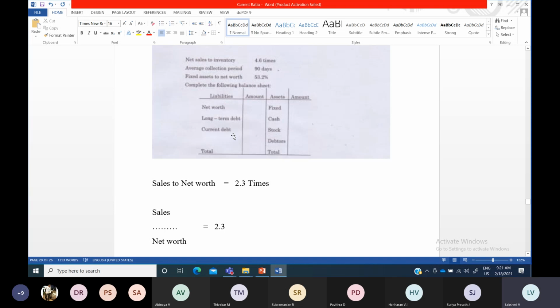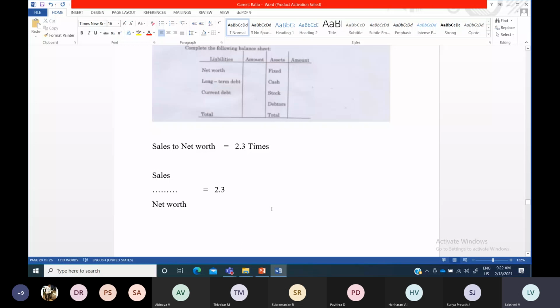So let us prepare now the other things. Fixed assets we have found out, debtors we have found out, stock we have found out, but we still didn't find the cash amount. Cash.